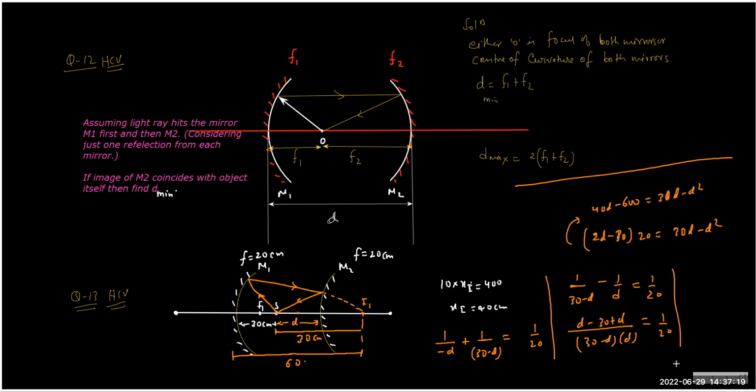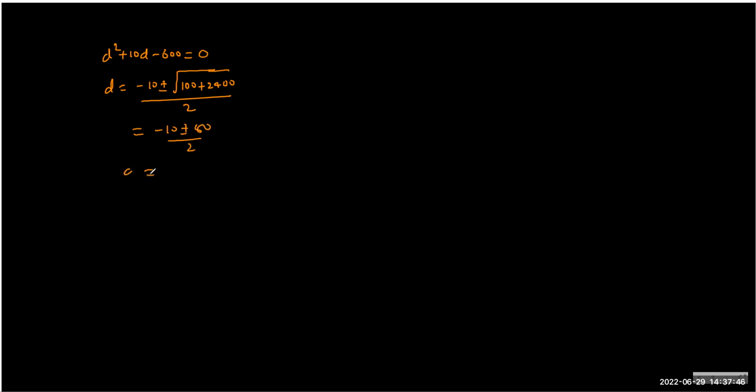Okay, so we can solve this part here. D square plus 10D minus 600. So how much is D coming? Minus 10 plus or minus the square root of b square minus 4ac, minus 10 plus or minus 50, right, by 2. We can take positive. 50 minus 10 is 40.